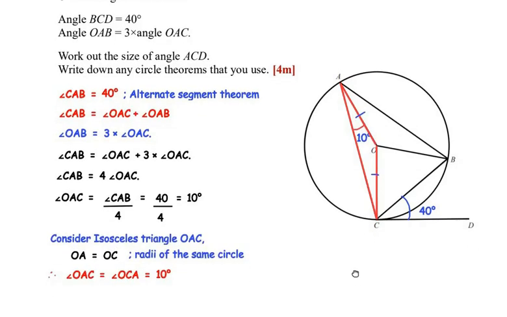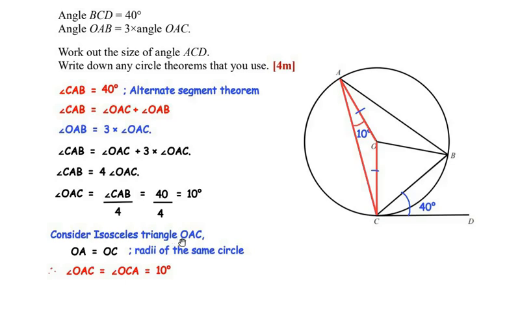So here we have written, consider the isosceles triangle OAC. The side OA will be equal to the side OC, that is radii of the same circle. Therefore, the angle OAC will be equal to angle OCA. So if this angle is 10 degrees, this angle also becomes 10 degrees this way.